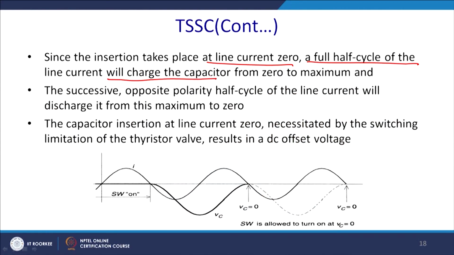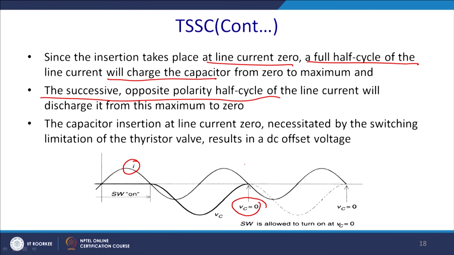Please recall that we had zero voltage when you turn off in the GCSC. Since the insertion takes place at line current zero, a full half cycle of the line current will charge the capacitor from 0 to the maximum voltage, and the successive opposite polarity half cycle of the line current will discharge it from maximum to 0. See this curve: this is I and this one is Vc.